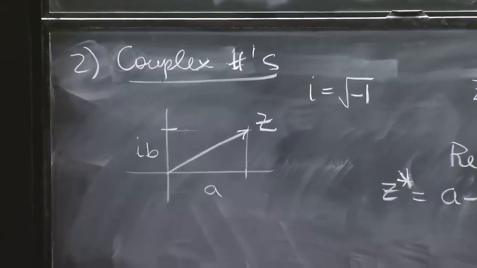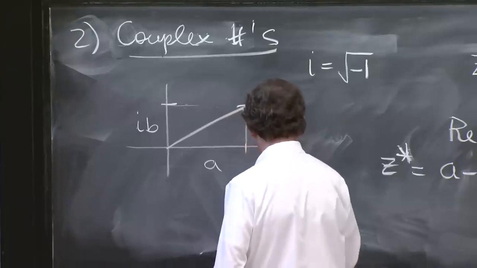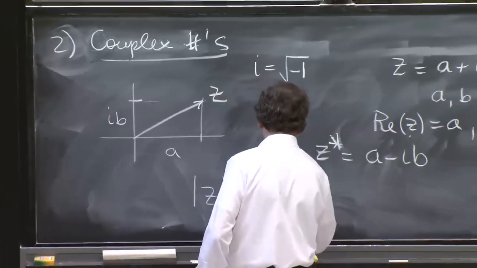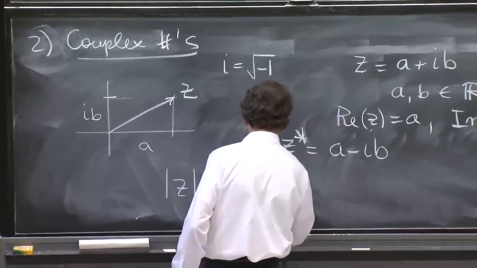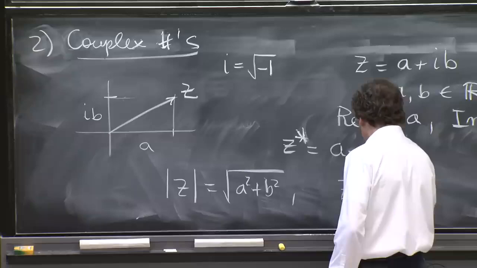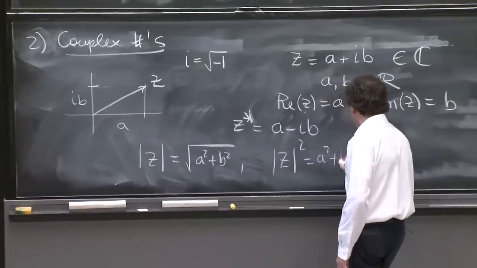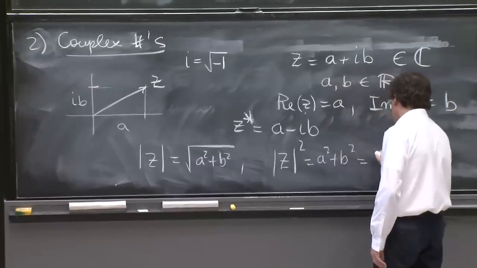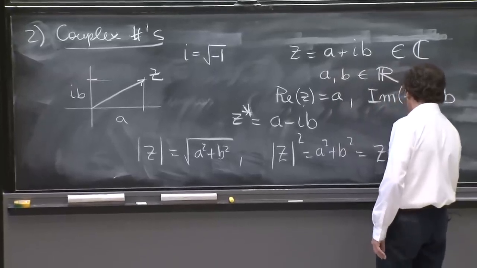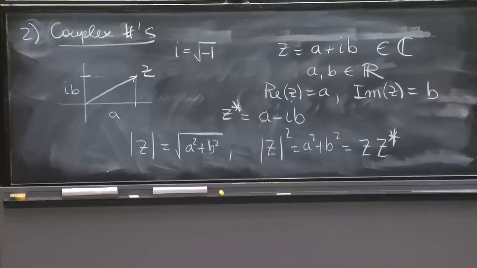So with complex numbers, there's one more useful identity. You define the norm of the complex number to be the square root of a squared plus b squared. And then this results in the norm squared being a squared plus b squared. And it's actually equal to z times z star, a very fundamental equation.